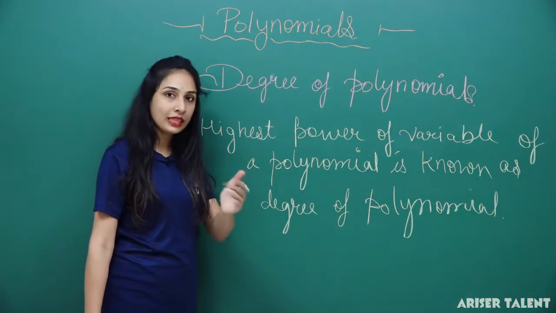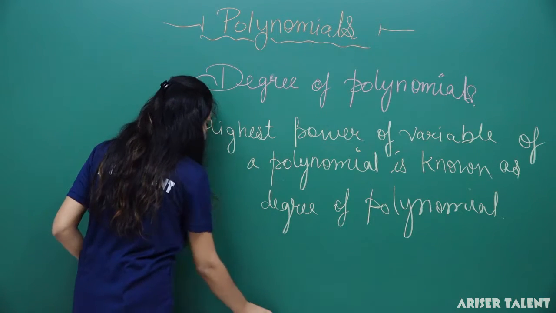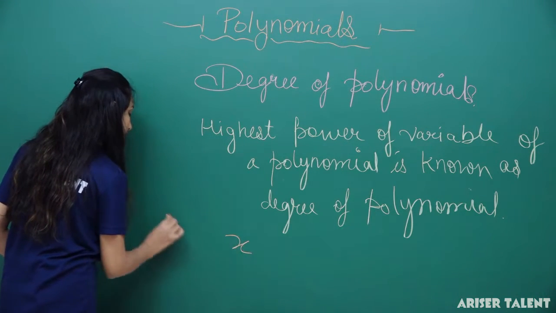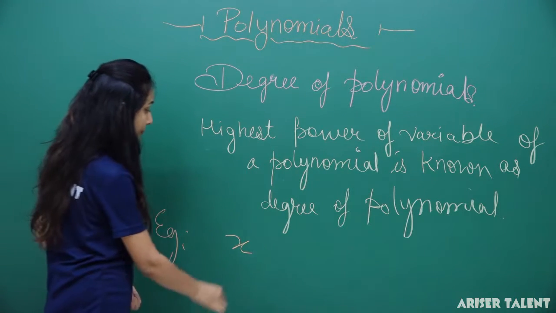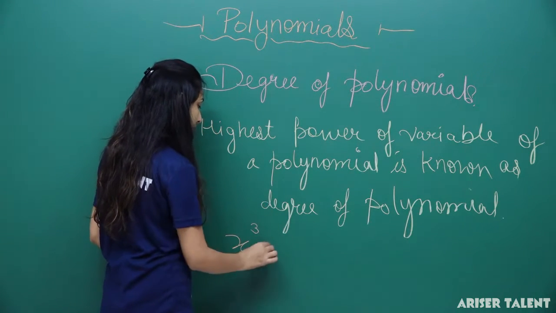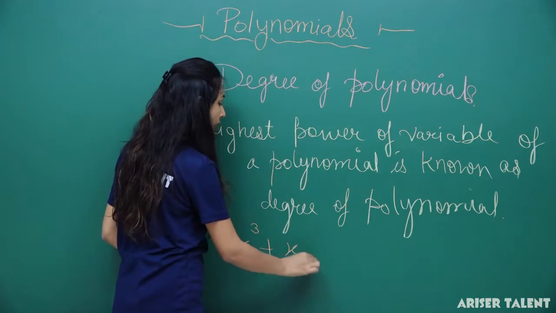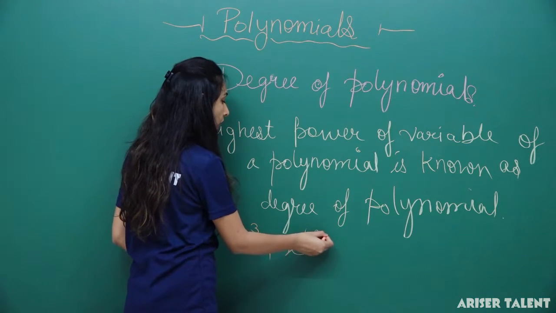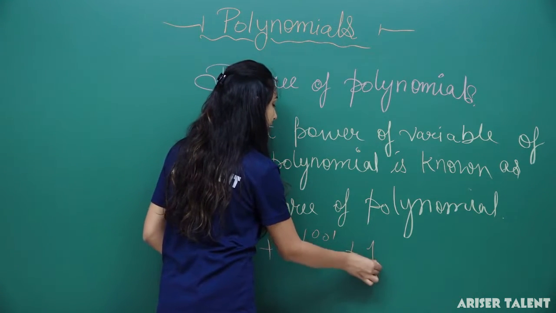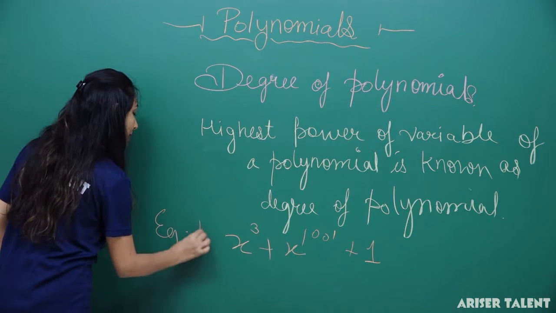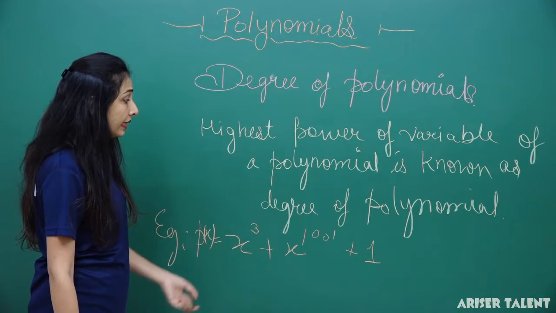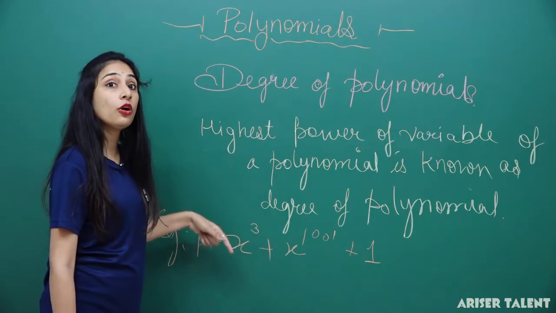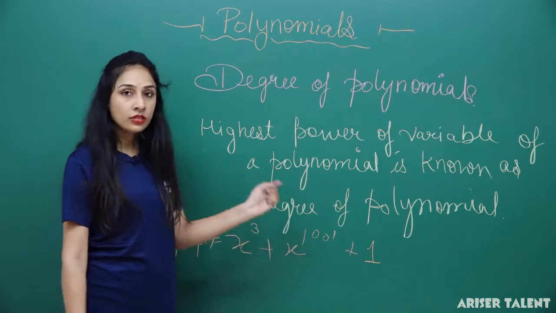That means if I write x raised to power 3 plus x raised to power 1001 plus 1, if this is my P(x), then the highest power of this polynomial is what? 1001.